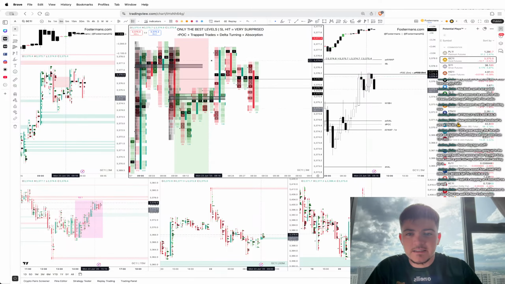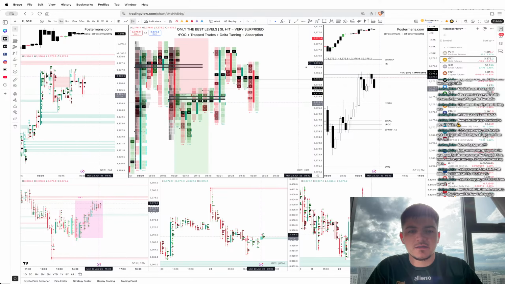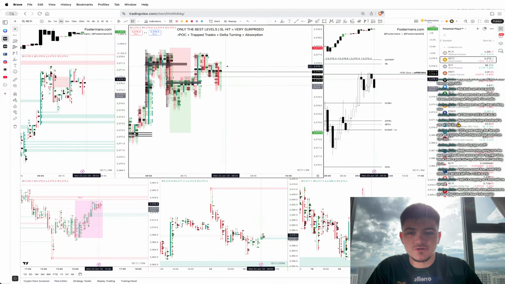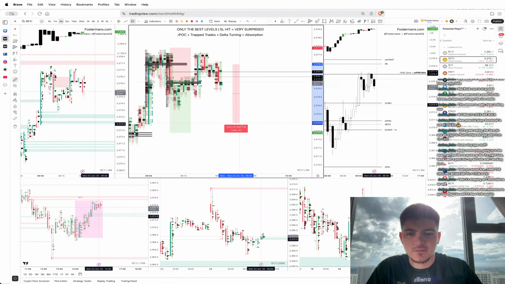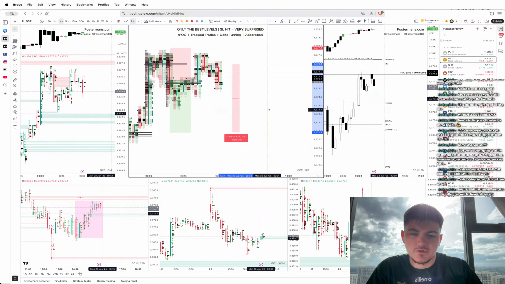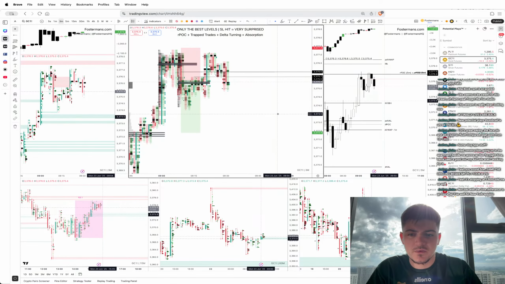If you guys entered on one tick below, so that would literally be right here, you would have got 6 ticks in drawdown so far. So yeah, we're kind of waiting on that.